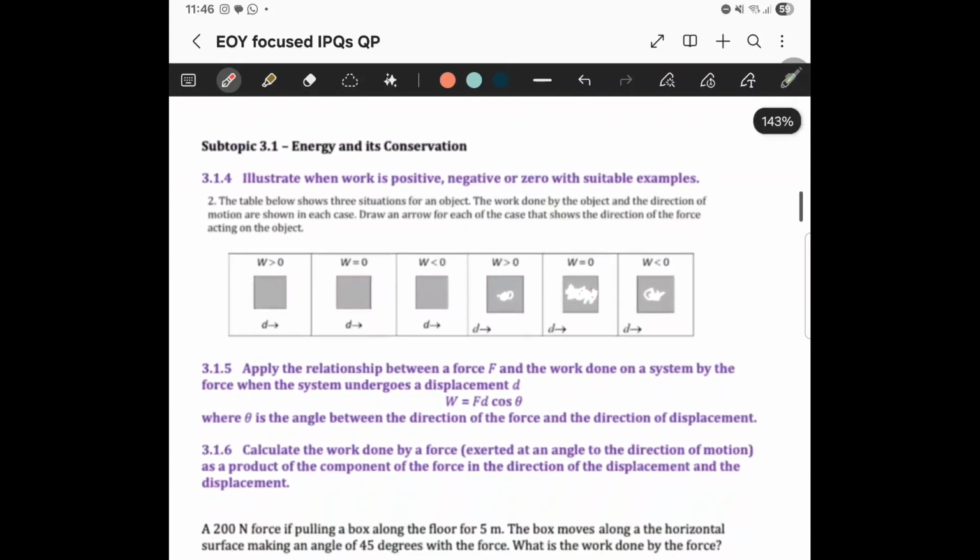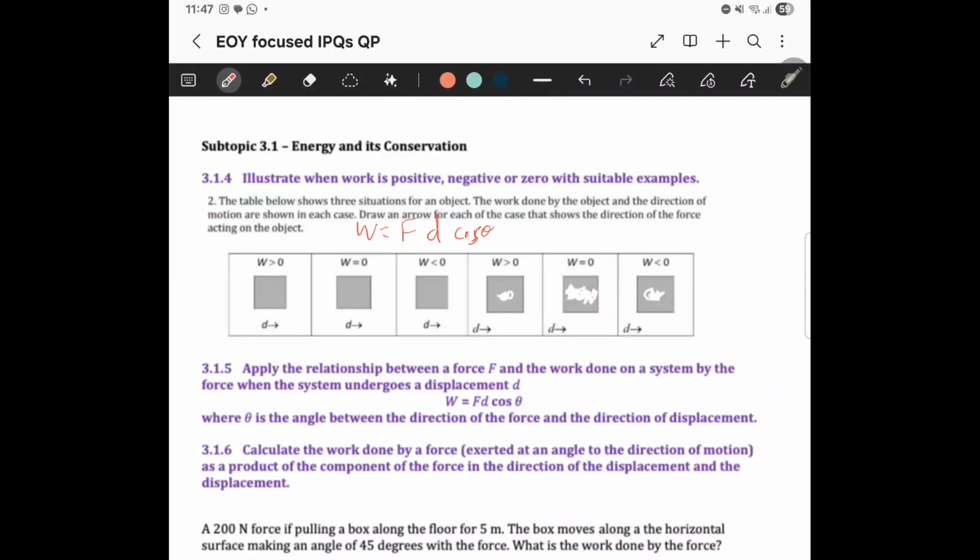Very good. Now we have to illustrate when work is positive, negative, or zero with suitable examples. Well, clearly we have examples now with these little boxes, so let's find out. For work to be done, we must have a force and we must have a distance, a bit like the torque above. If we want to do work, I need a force and a distance. And of course there's an angle as well, cos theta, so it's a dot product.